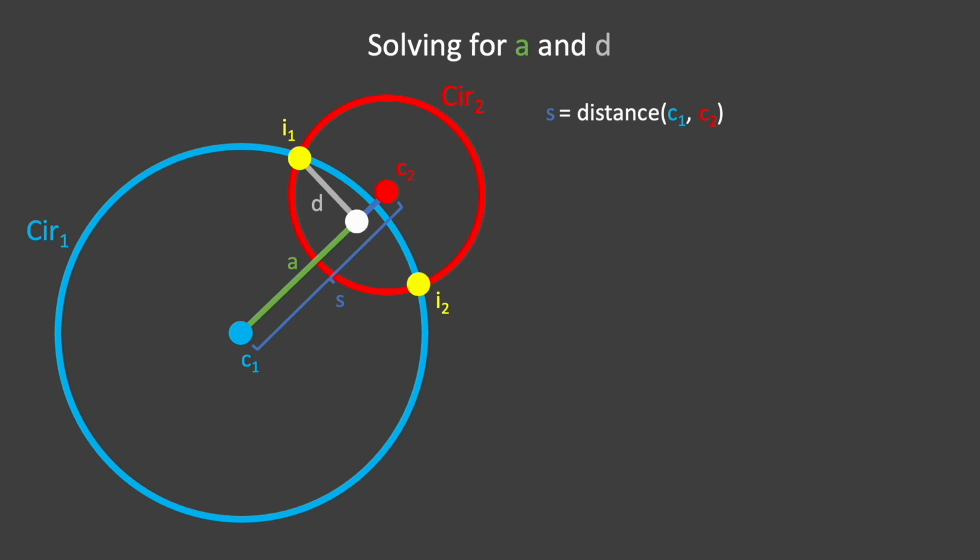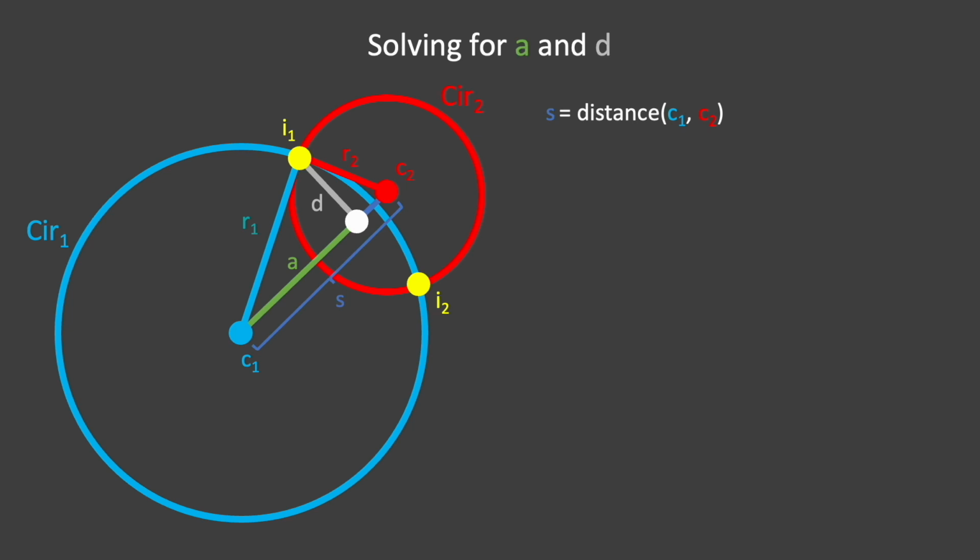Okay. And now, remember that the distance from C1 to I1, the total distance, is R1, since I1 is a point on the circle CIR1. Similarly, the distance from C2 to I1 is R2. And now that we have all these quantities, what we can finally do is put them all into a separate diagram.